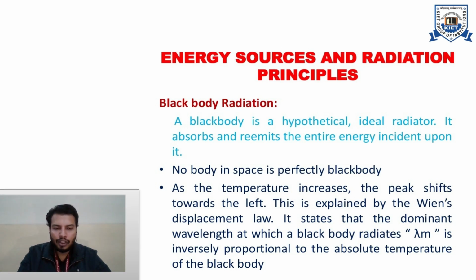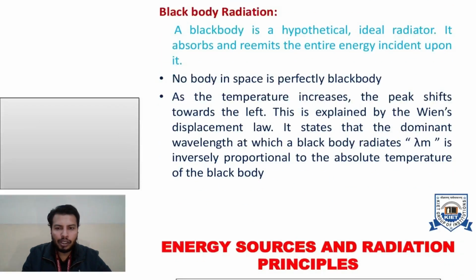Those objects behave somewhat like a black body. They absorb those radiations and emit those radiations. But ideally it is a hypothetical concept, and no body can be a perfect black body.